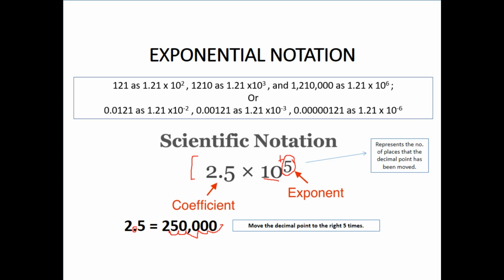Another example, we have 1210 written as 1.21 times 10 raised to the power of 3. So, basically, they are just raised by the power of 10. Okay? So, below, you will also see an example of the scientific notation. Okay, you have 2.5 times 10 raised to the power of 5. So, unsa man jud si exponential notation and si scientific notation.